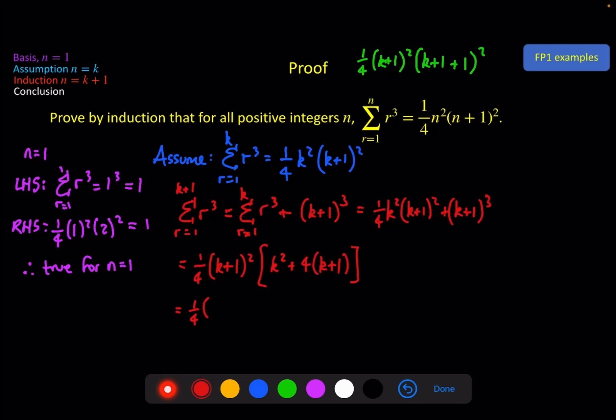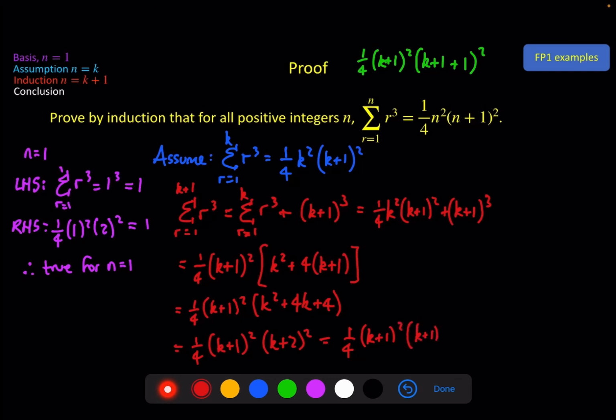But 1 over 4 k plus 1 squared times k squared plus 4k plus 4. And this is actually a slightly easier example because we can see that factorizes straight away into what we want, k plus 2 squared. And then just to really make it clear for the examiner, split that out into a k plus 1 plus 1 squared.